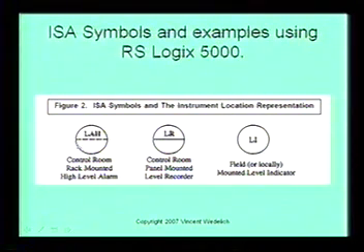So then they draw circles, okay, and then they attach these to the different areas. Now you see this dashed line right here? That dashed line means control room rack mounted high level alarm.